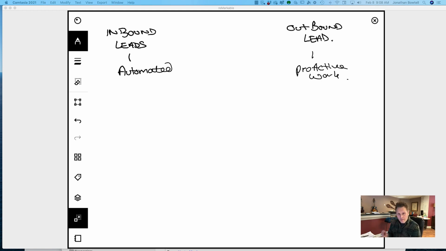So the way the lead flow will work, let's look at the inbound leads first. Let me just draw a line down there. Inbound leads, fully automated. There are a few things you need to do to get ready for this. Not a lot of work, and something you can do very cheaply. Essentially, what you need is a very simple website.